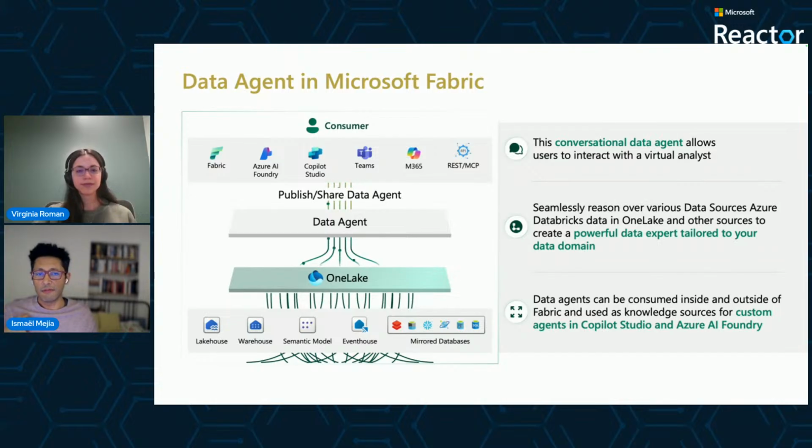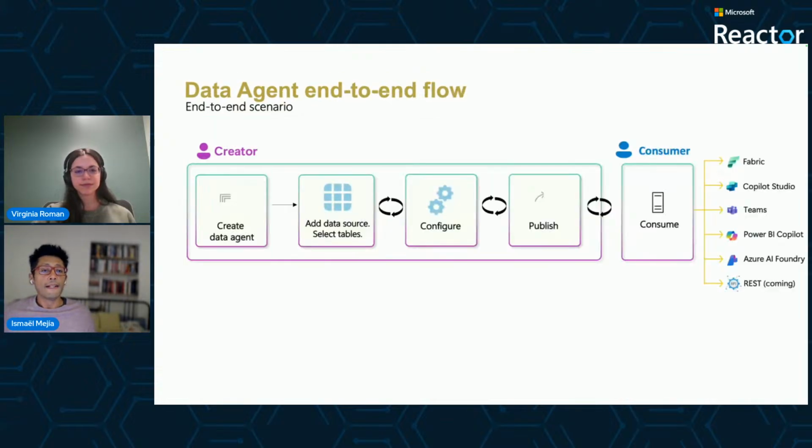You can publish not only in Fabric, so Fabric users can use it, but also go to Azure AI Foundry, for example, and create a more advanced agent that uses this agent as a knowledge source. You can also do it in Copilot Studio. You can publish this agent in Teams. There are a lot of things that you can do with this data agent, so we are going to show that also.